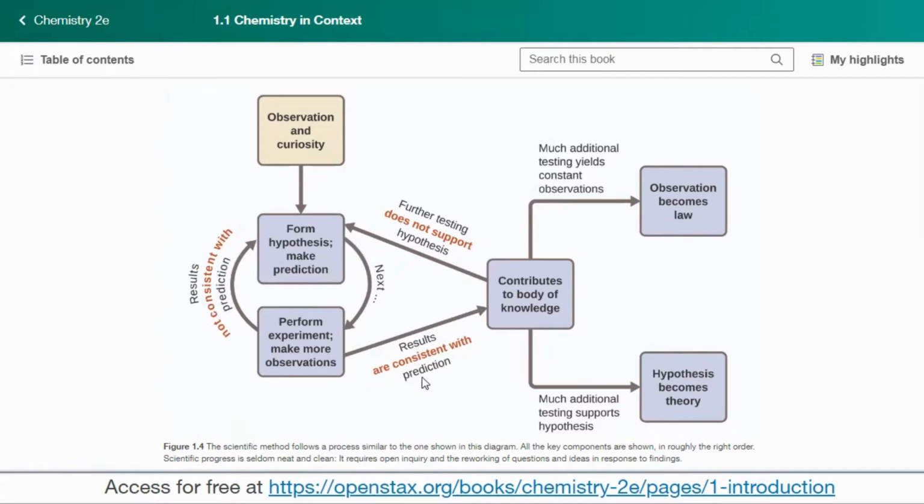If the results are consistent with prediction, it contributes to the body of knowledge. If further testing does not support the hypothesis, we go back. So much additional testing yields constant observations. Observations become law. Much additional testing supports the hypothesis. Hypothesis becomes theory.